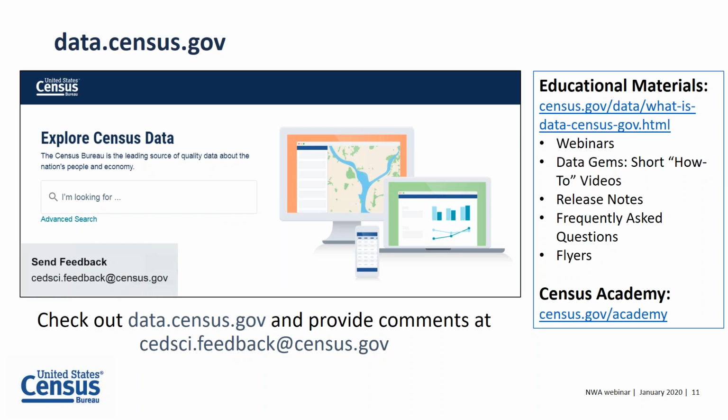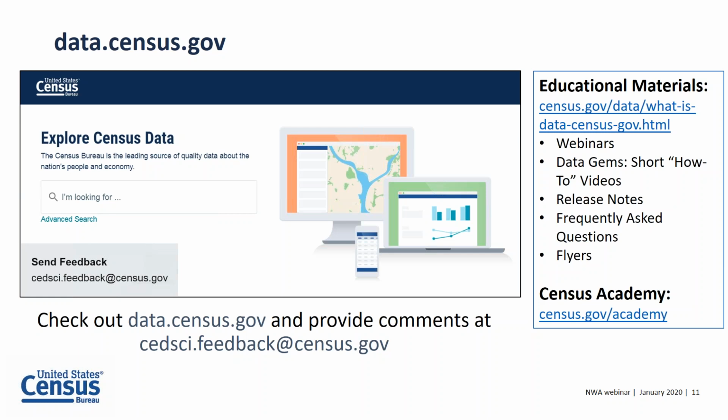But for some of you who need more data than what we have in Census Business Builder, or in OnTheMap for emergency management, and you really need the full data set, historically we've had a number of different data tools at Census, including a tool called American Fact Finder that allows you to go in and access that data.